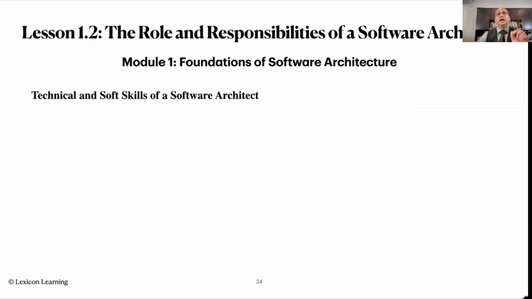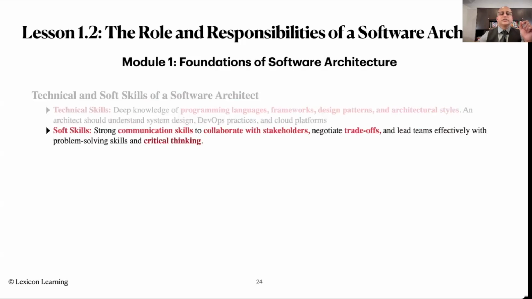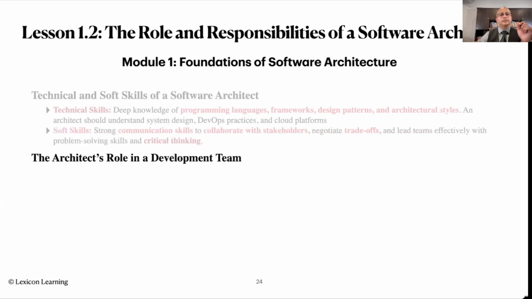And architects also need to have soft skill along with technical skills. Among technical skills, knowing which programming language to use, framework, design patterns, and architectural styles. And soft skills are about communicating with stakeholders and negotiating trade-offs with them and making critical decisions.